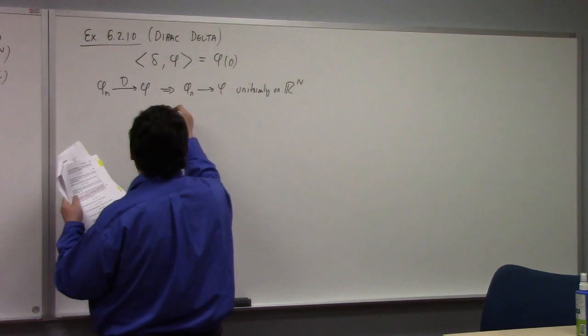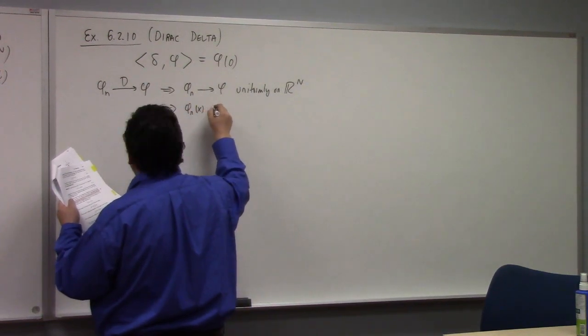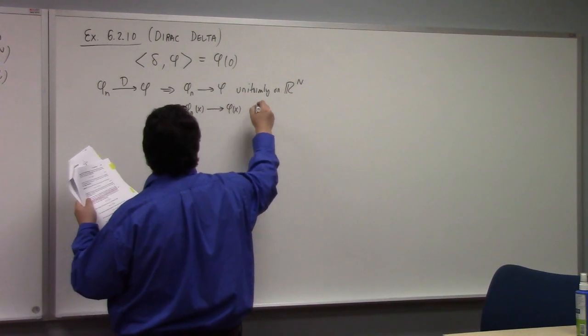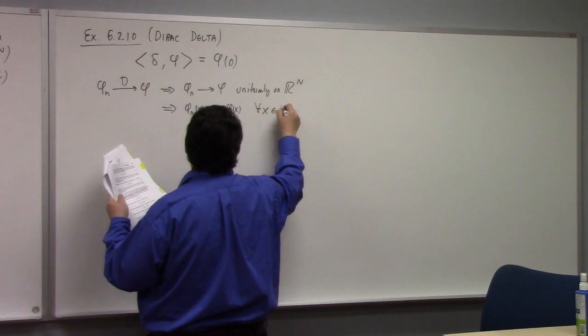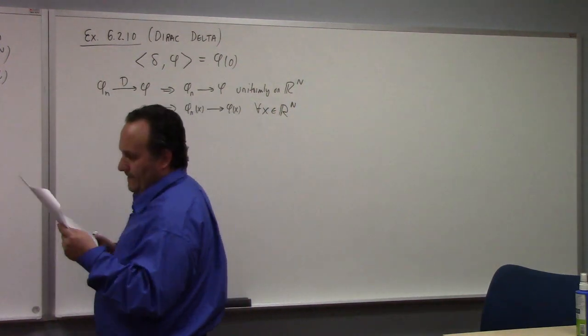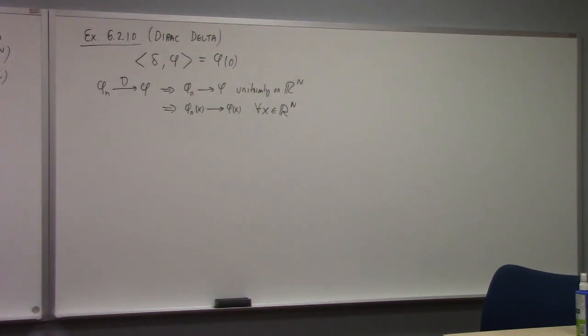And that implies that phi n of x goes to phi of x for all x in Rn. Therefore, it's a distribution. Well, he doesn't say therefore it's singular. That is just the proof that it's a distribution.